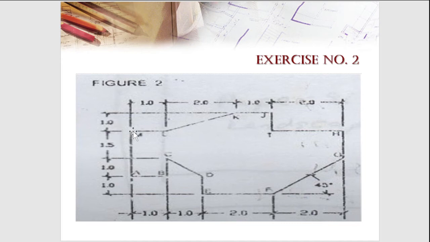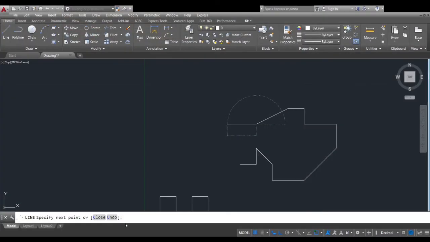Our y coordinate remains the same, so that is 17.5. So the coordinate of point M is hashtag 6 comma 17.5.